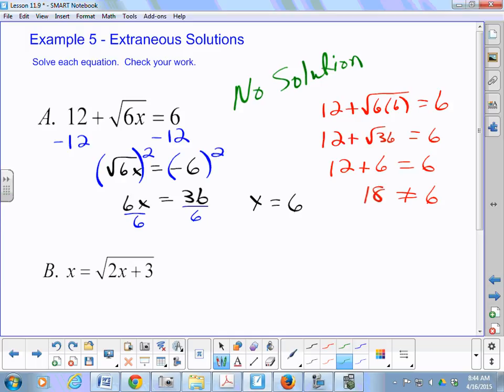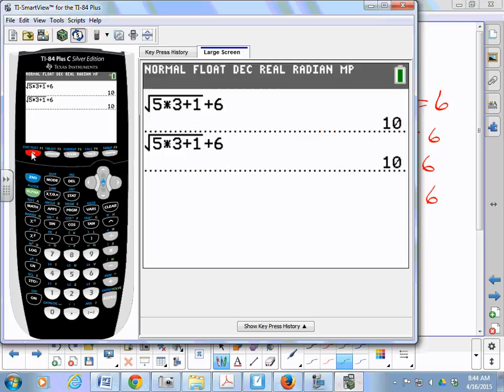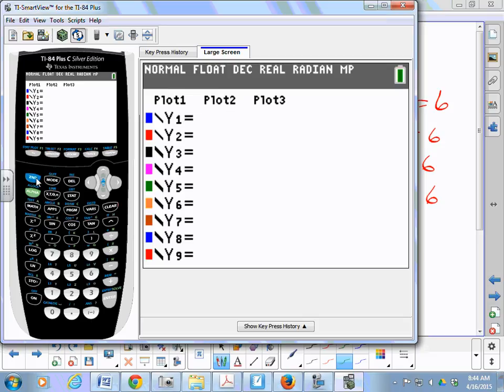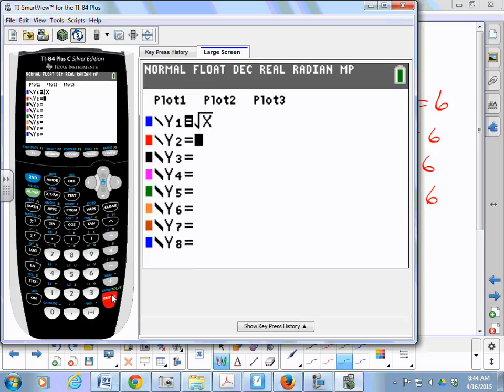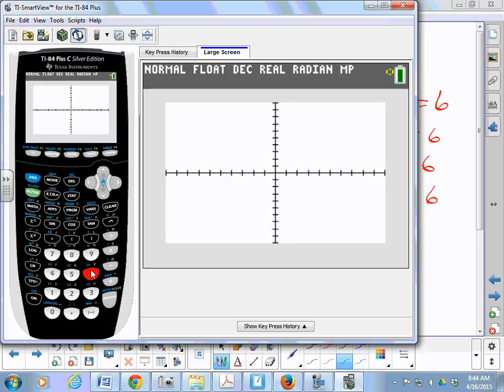Now, you graph the square root of 6x, just graph the square root of x. There's zoom 6. Starts at 0 and goes to the right, correct?